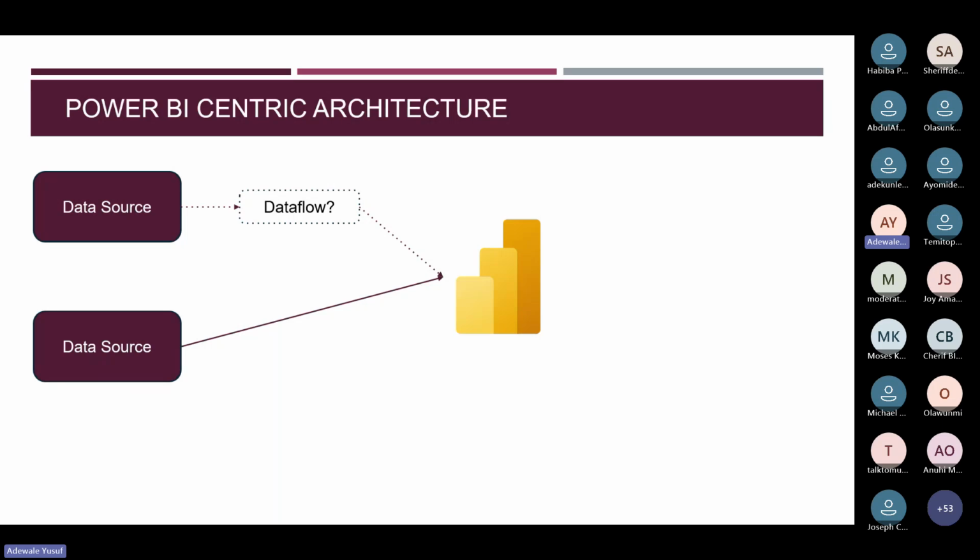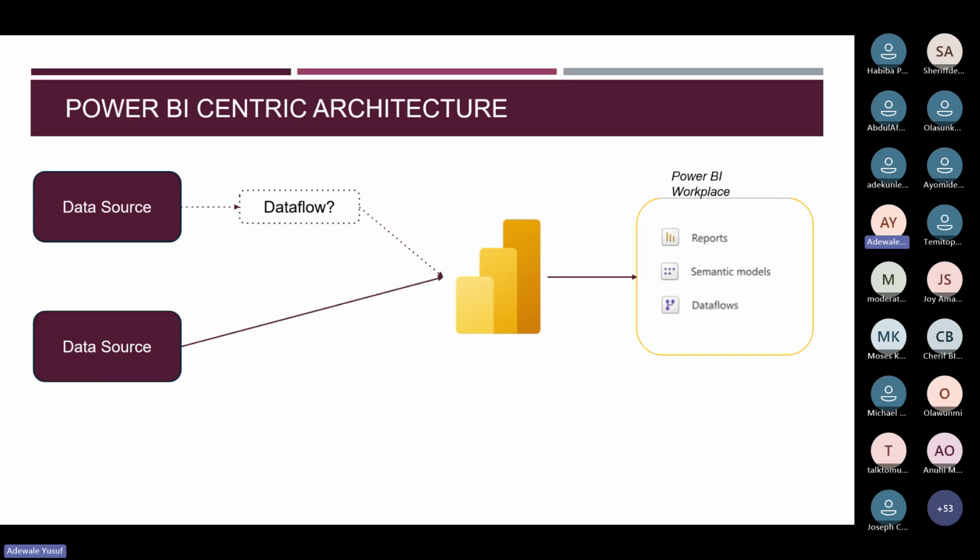Once you connect it, you build your data model, you create all the relationships in your data model. You also write all the interesting calculations and DAX that you need to write. Then after you finish, you create an amazing visualization in Power BI Desktop. Then you publish that to Power BI Workspace, which is your Power BI service, right? So you create a workspace or use your default workspace and you publish that report into your workspace.